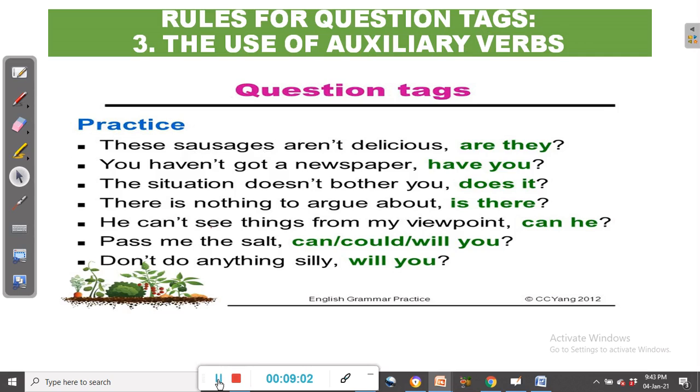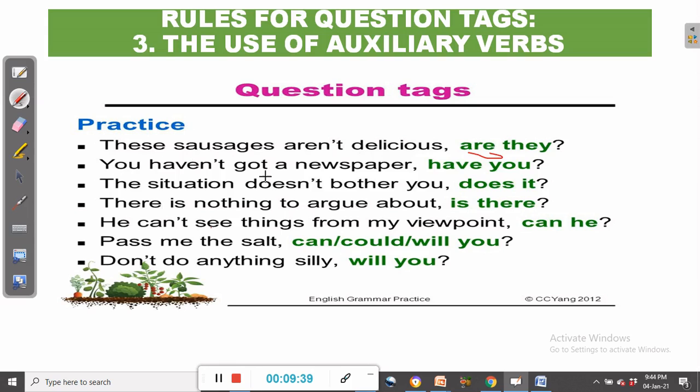And where you have an auxiliary verb in the main statement, then of course the appropriate form of that auxiliary verb is used in the question, in the tag. For example, these sausages aren't delicious. Now, this is a primary auxiliary. Are they? Then we use the appropriate form of the same auxiliary verb.